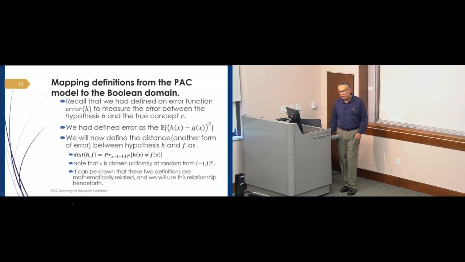So we will now define a concept which is a bit more specific to what we need, which is called the distance. That's again between the hypothesis h and the function f that we are trying to learn, which is, if you remember this notation, the probability of drawing inputs to this function f, or for that matter to h, n at a time.